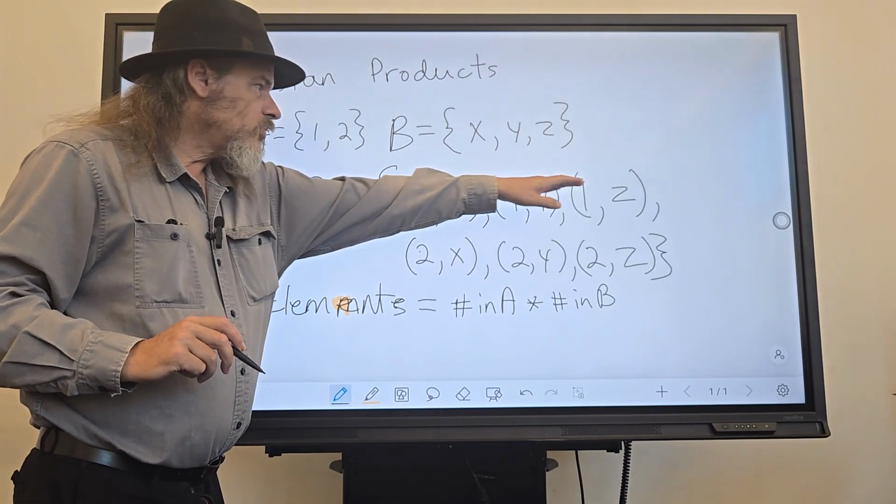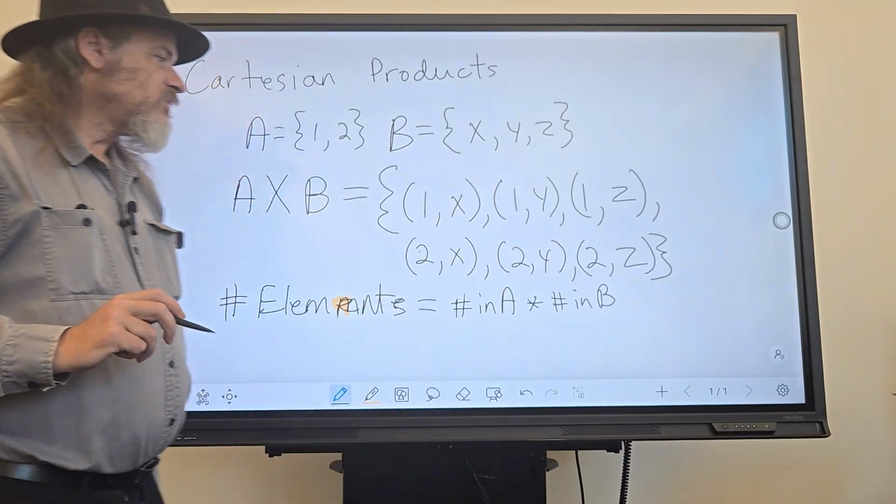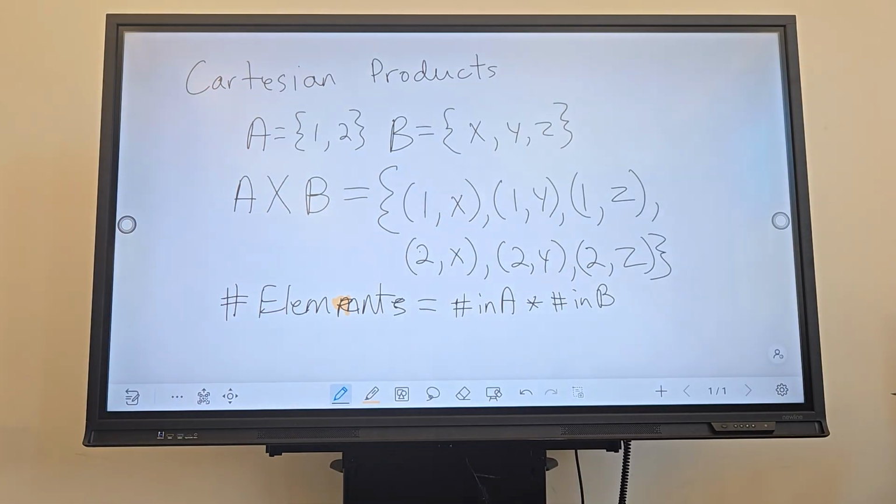So we have 1, 2, 3, 4, 5, 6 elements in the Cartesian product.